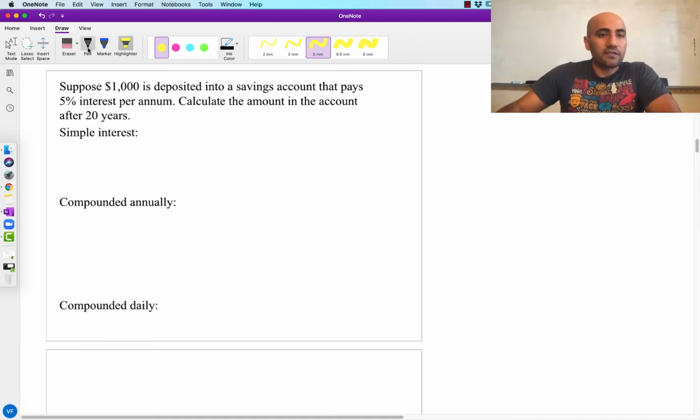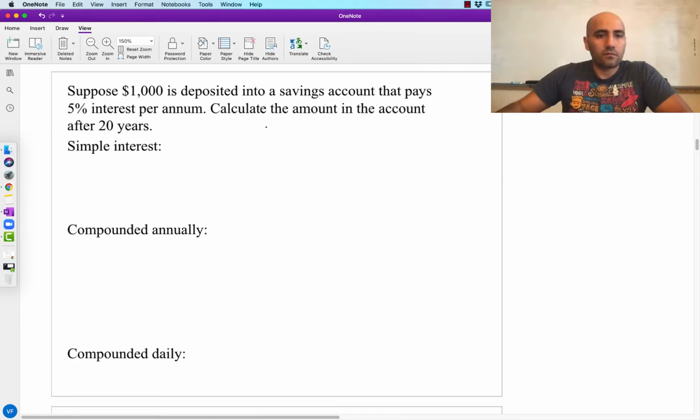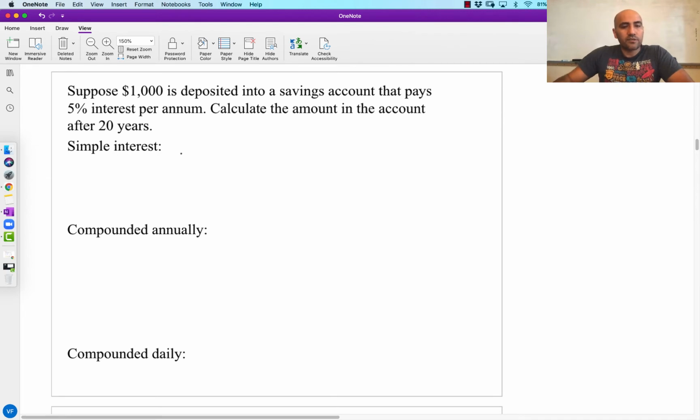Okay, first of all, simple interest. Simple interest is simple. So we're going to start off by, let me zoom in here. Simple interest, the formula is A equals P times (1 plus RT), like that. In this case, R is presented to us as 5%.